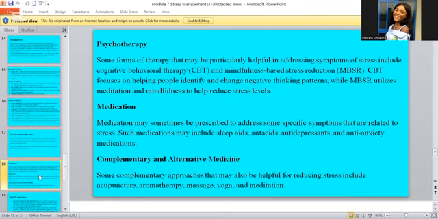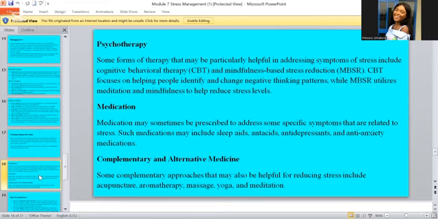We have psychotherapy. Some forms of therapy may be particularly helpful in addressing symptoms of stress, and they include cognitive behavioral therapy and mindfulness-based stress reduction. CBT focuses on helping people identify and change negative thinking patterns, while MBSR utilizes meditation and mindfulness to help reduce stress levels. We also have medication.